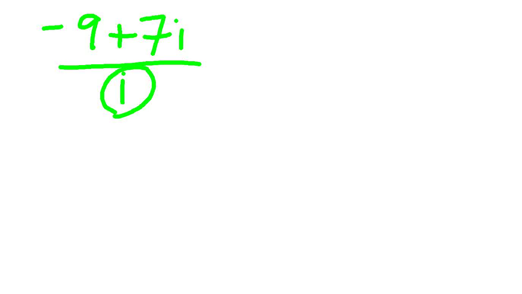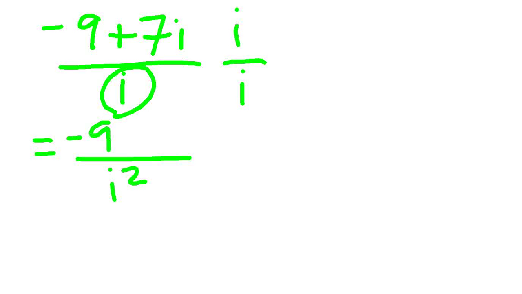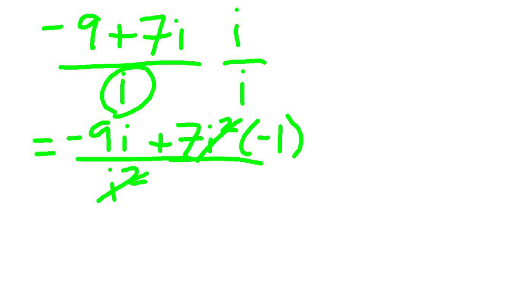We can actually simply multiply by i in the bottom and the top. So we get i squared in the bottom, and then when we distribute the i, we get a -9i plus 7i squared. And these i squareds become -1, -1.